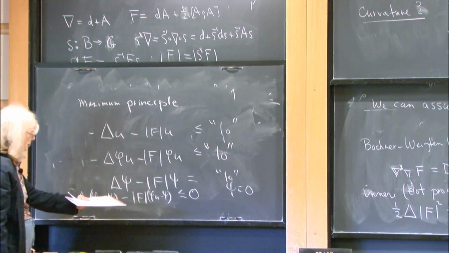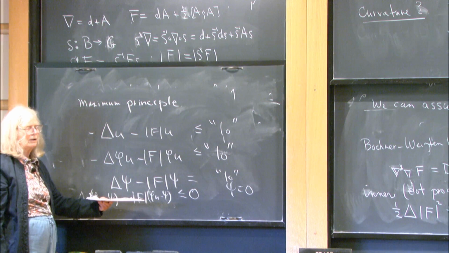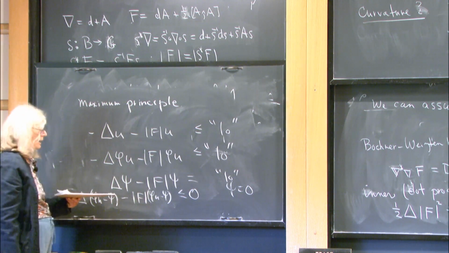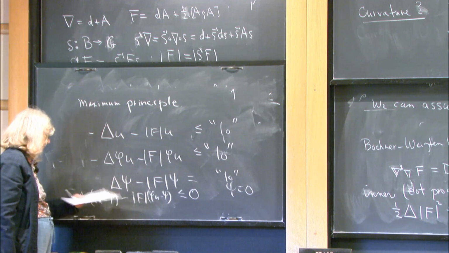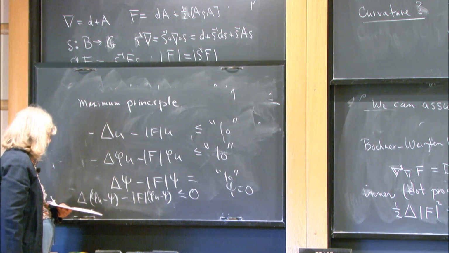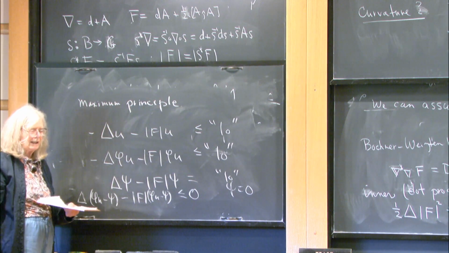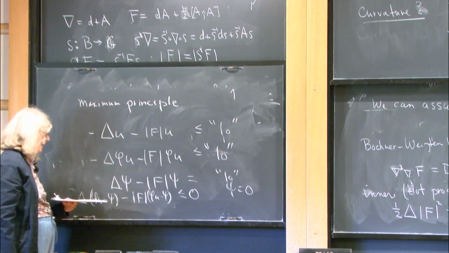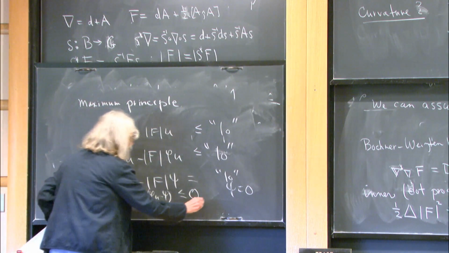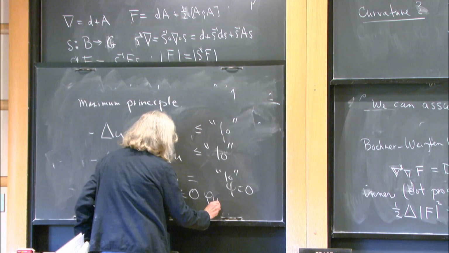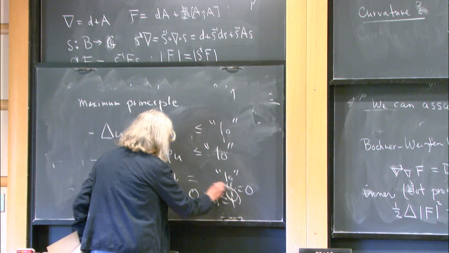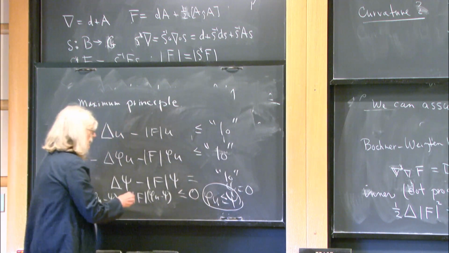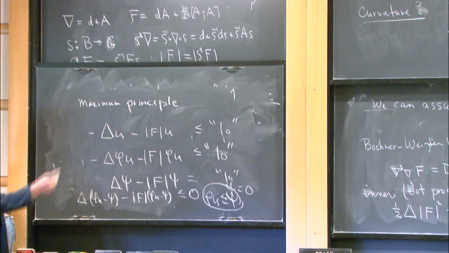Well, f is in L2, it's small in L2, and I do a little calculation, and I discover that if phi u minus phi is actually only in L2, I can't apply the maximum principle. I can't assume that phi u is less than or equal to psi. That's what I want to conclude, and that tells me that my curvature is in a better space, because phi was in a better space.